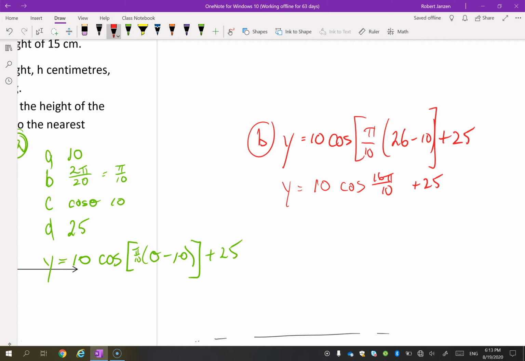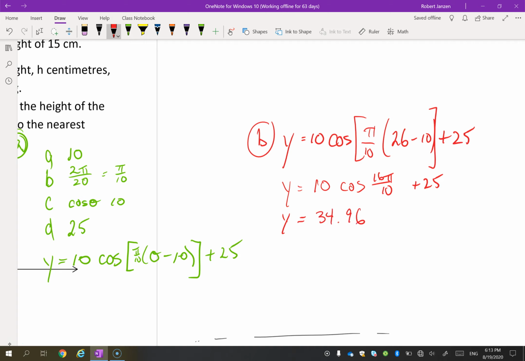Well, because I see that pi there, I'm going to make sure my calculator's in radians. And my answer is, I got 34.96.